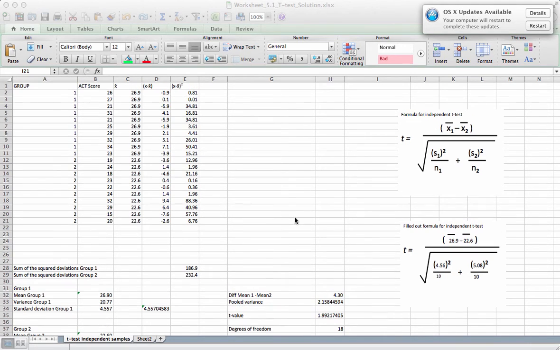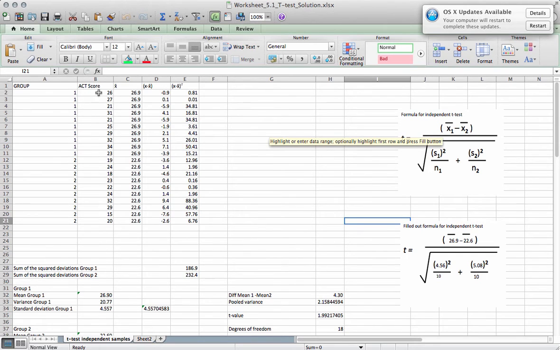Now how can you calculate this? Take the average of group 1, which is in here, and then the average of group 2, which is right here. Then we'll calculate the difference between the individual score and the mean, which here is negative 0.9, so this person is a little bit below the mean.